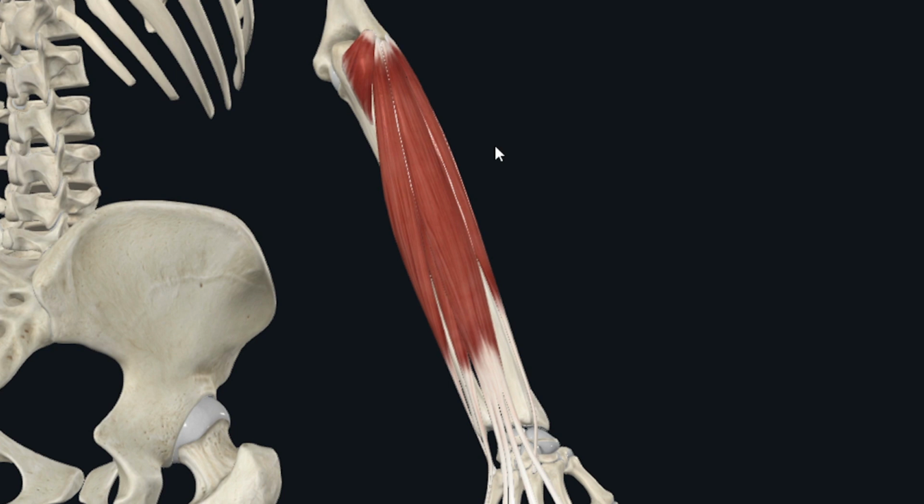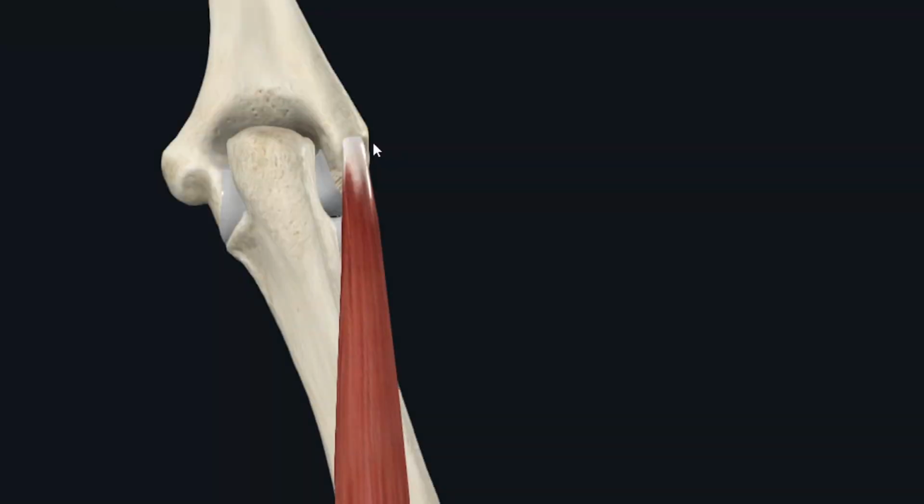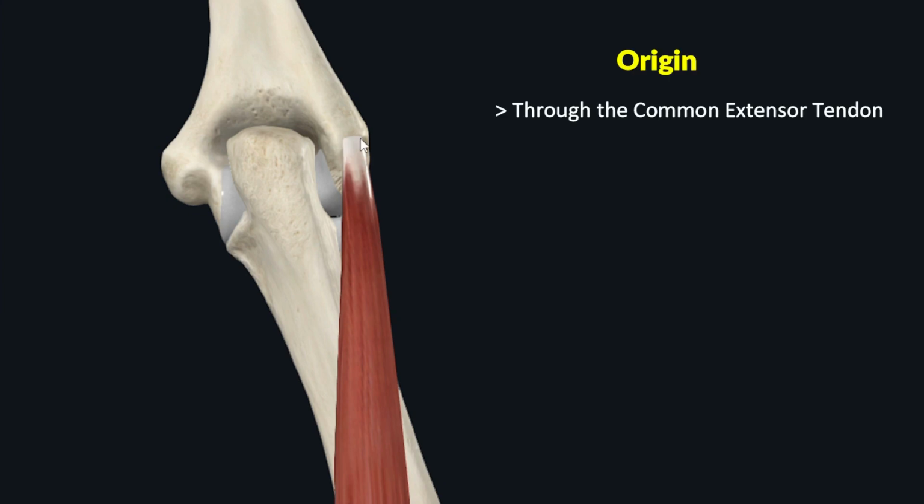Okay, so now moving further medially towards the fourth superficial muscle of posterior forearm, and that's the extensor carpi ulnaris muscle. So exactly the same as other superficial muscles of posterior forearm, this muscle has got its origin through the common extensor tendon from the lateral epicondyle of the humerus.